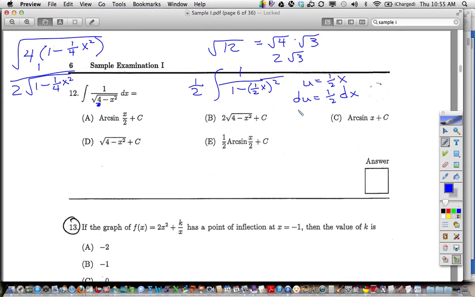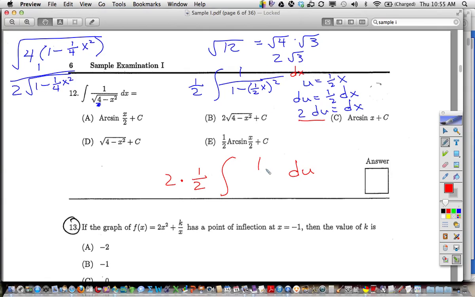Now you can multiply the 1/2 over there as a 2. Okay, so what do I have now? I've got this 1/2 that's out in front. I forgot my dx here. My dx is a 2. That's going to cancel that du.